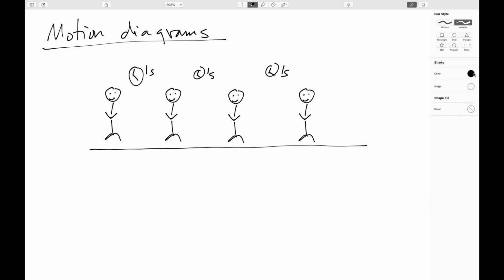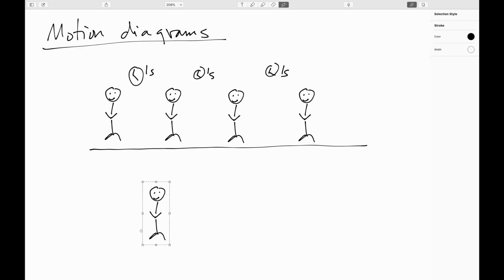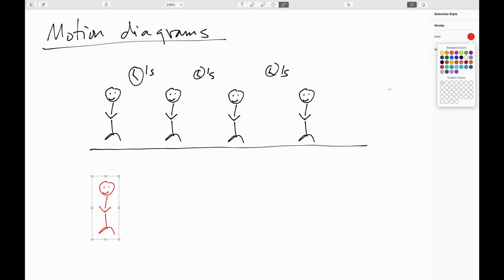Now let's compare that with somebody else who's walking along the ground. There we go. And we'll make them red, just to make it a little more obvious.